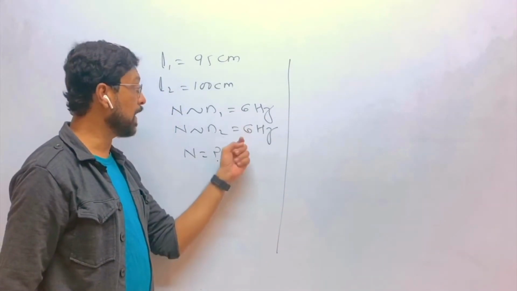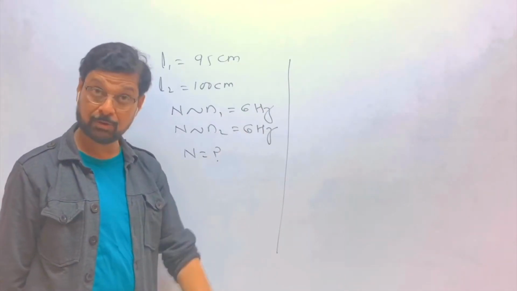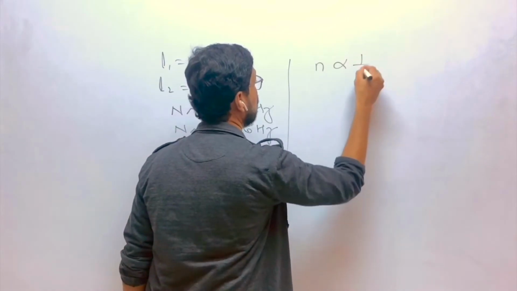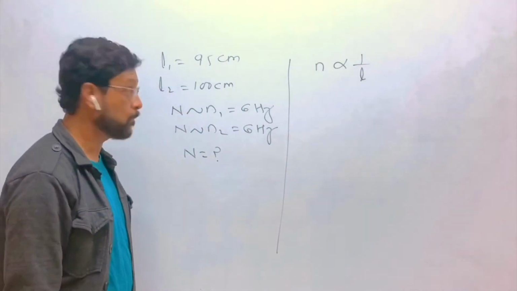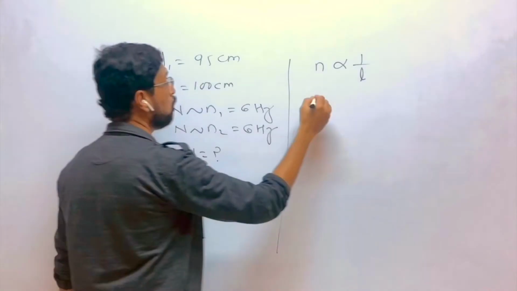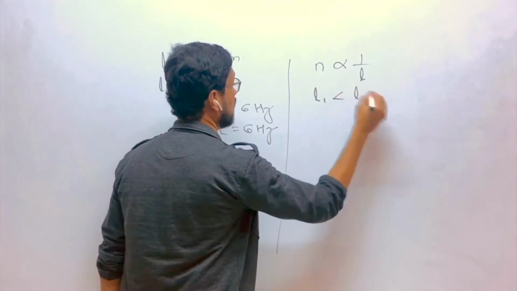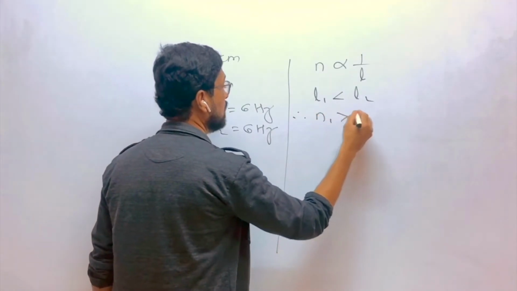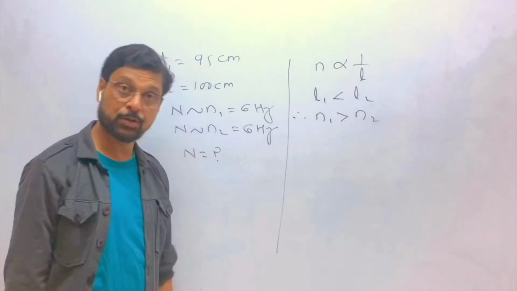First, we'll have to decide this. कौन सा बड़ा है, कौन सा छोटा है? So N is inversely proportional to L. L1 is less than L2, means N1 is greater than N2.